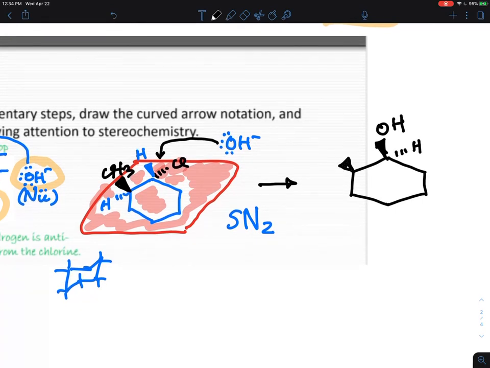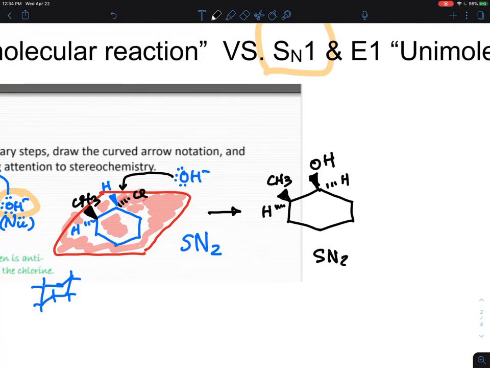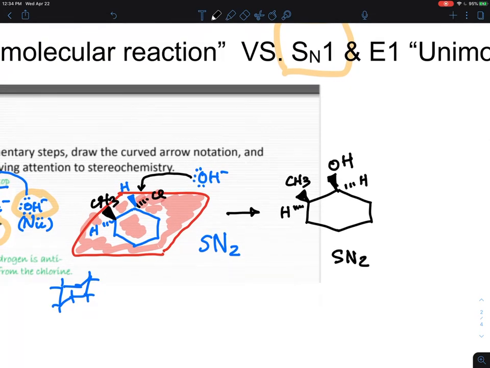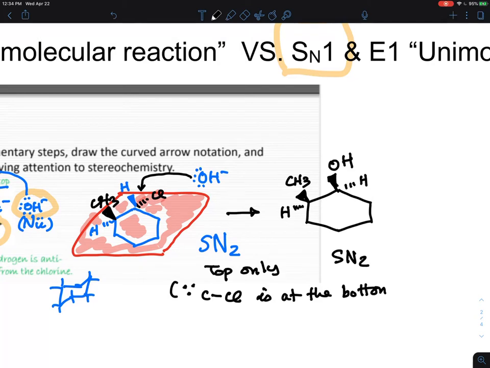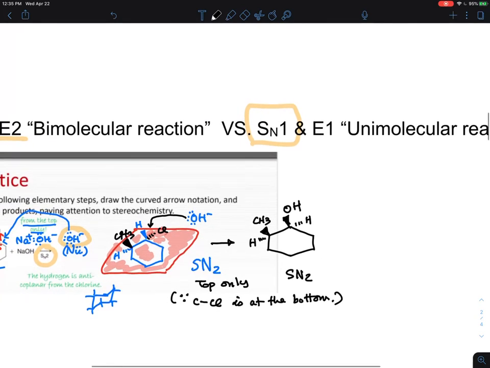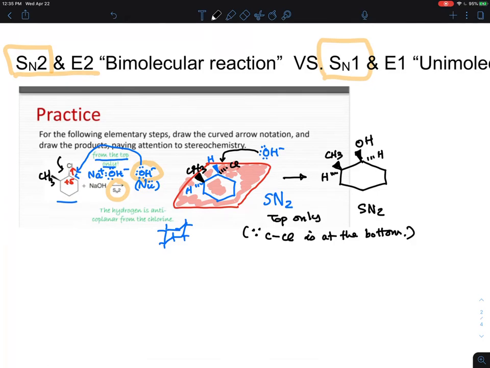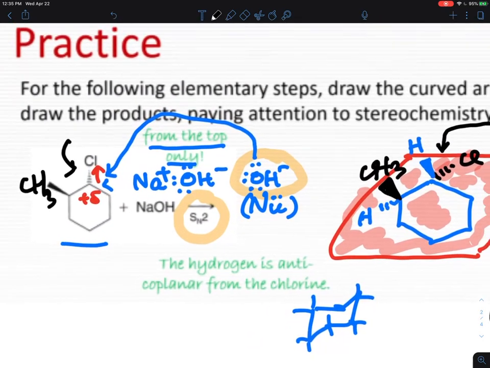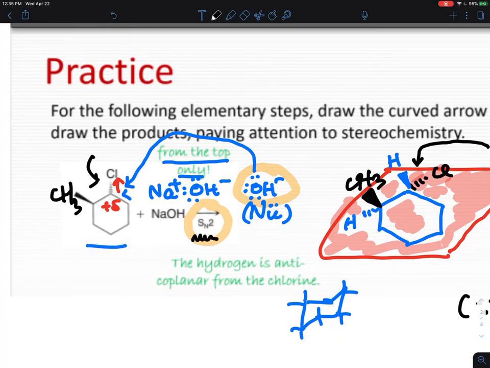You will see this compound having a CH3 and an H. So that's the product of SN2 reactions, which is a top-only product, because the C-Cl bond is at the bottom, or you can say the other side of the plane. So this information is very important because it says it's an SN2.